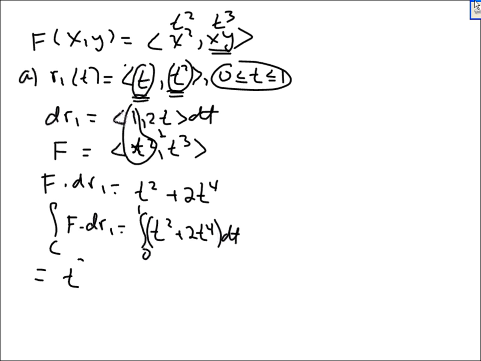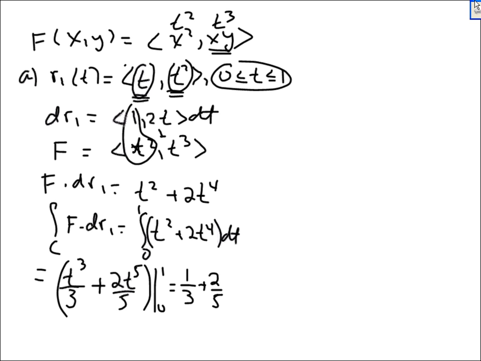The integral of t squared is t cubed over 3 plus 2t to the 5th over 5, from 0 to 1. 1 cubed over 3 plus 2 times 1 to the 5th is still 2 over 5. When you plug in 0, you get 0. And this happens to be 11/15. Okay, that's along path 1.